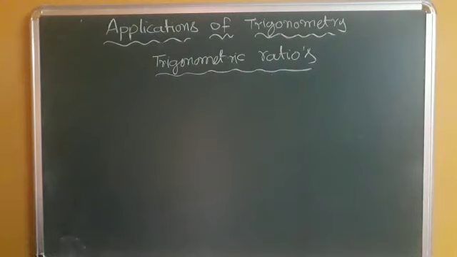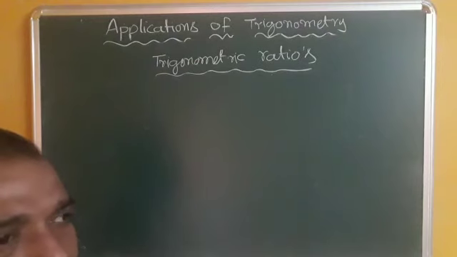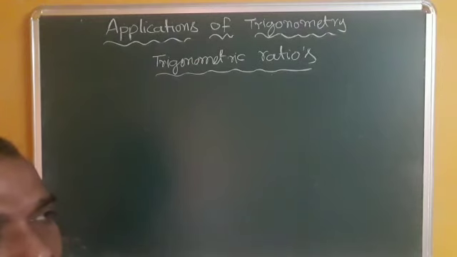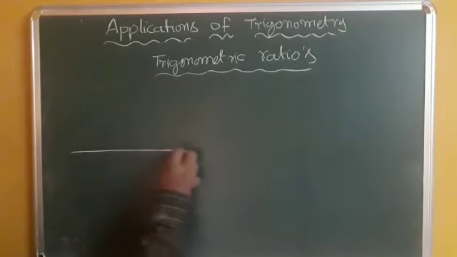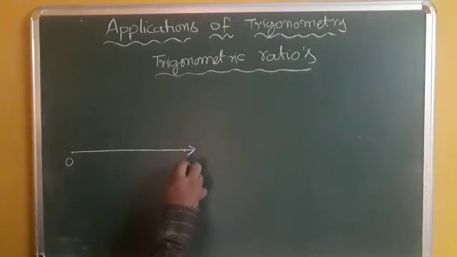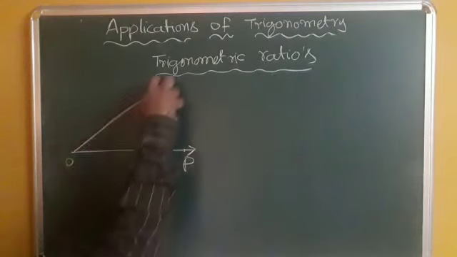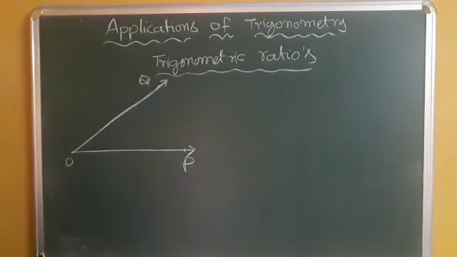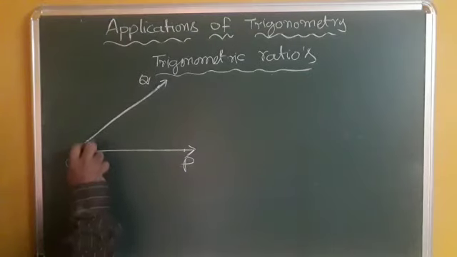The ratio is the relation between the sides and angles. Here I will take OP as a ray and OQ as another ray. These two rays make an angle theta.